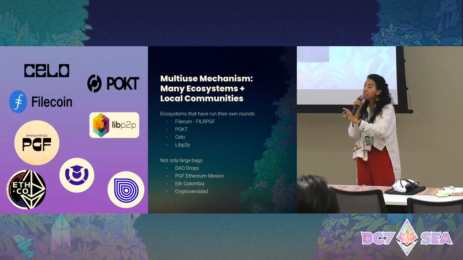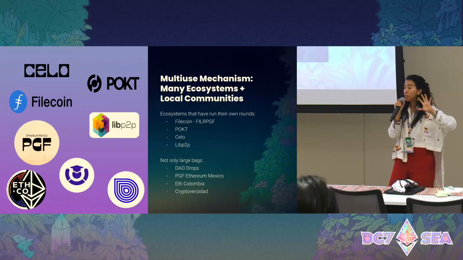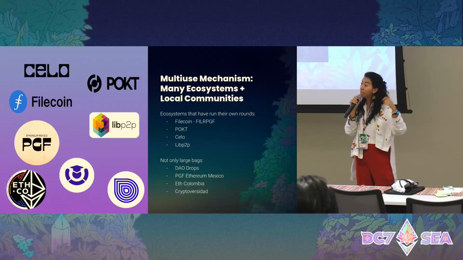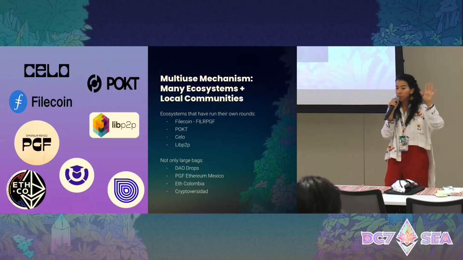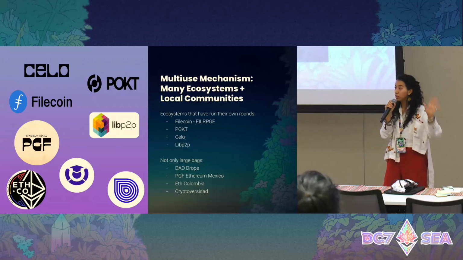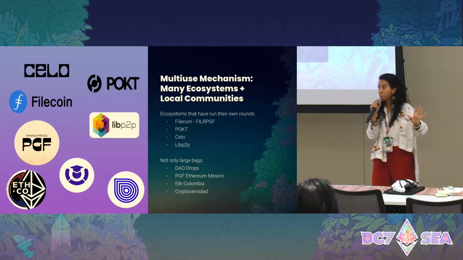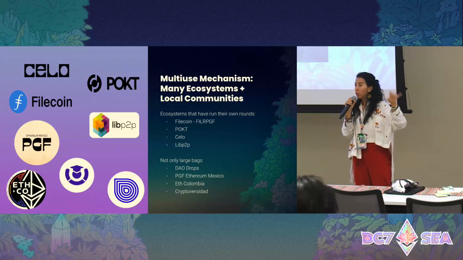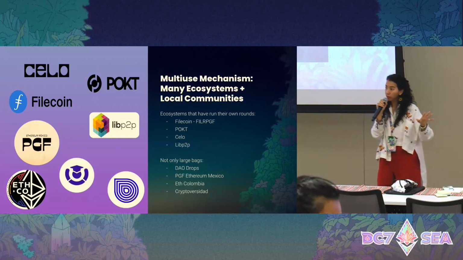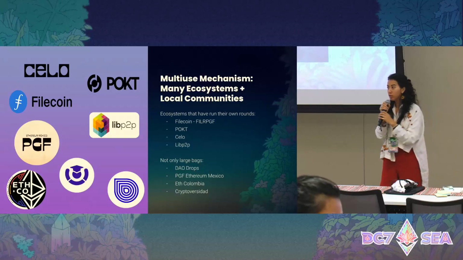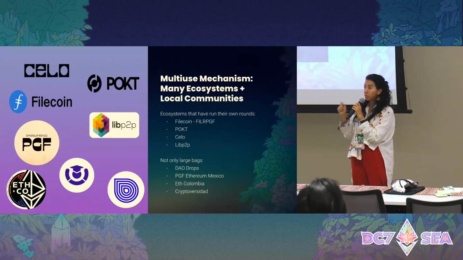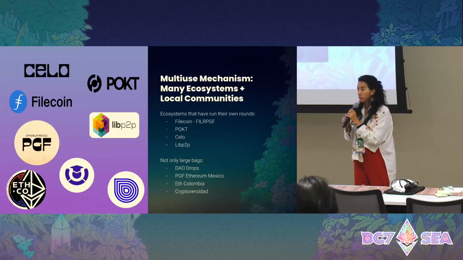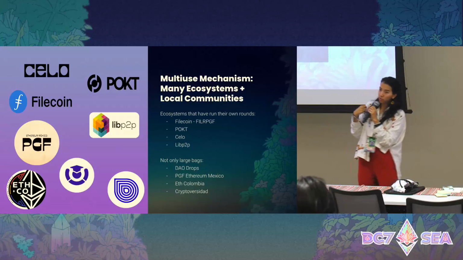But if local communities are the ones running the rounds, the ones designing and determining what is impactful in this specific reality, they're going to be better able to identify and understand why this was impactful and why it should be rewarded. So I also think that one of the big differences is how close you are to the impact that is being generated, so that people are able to identify it and fund it.